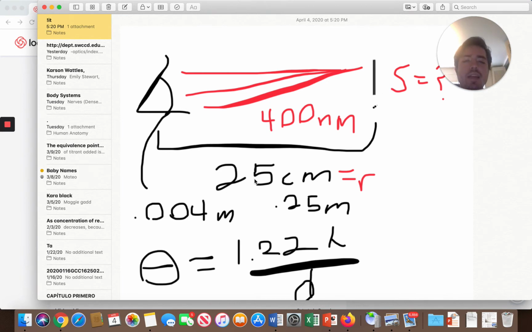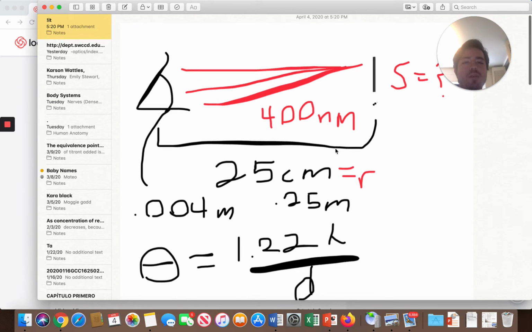Normally I'm at a distance of 0.25 meters from my computer, and the average pupil size is 0.004 meters. What we're trying to find is S, the distance between the two dots, which is the minimal resolution we can obtain.